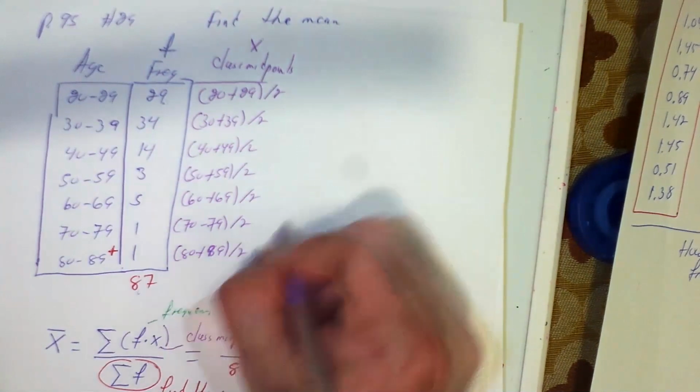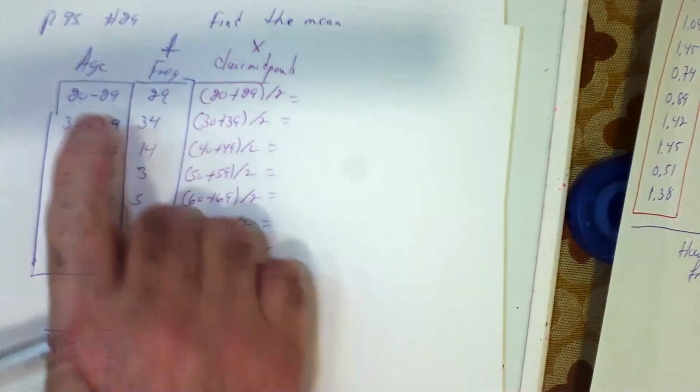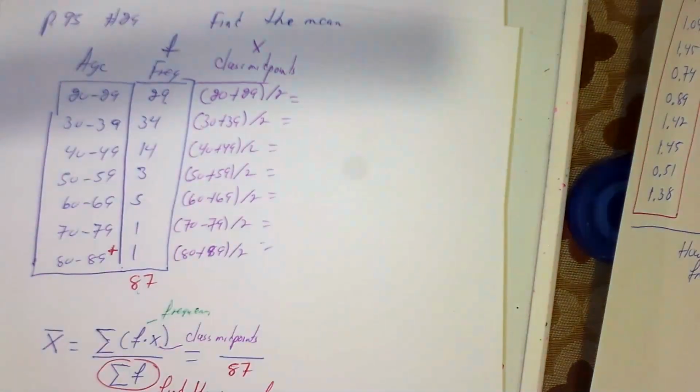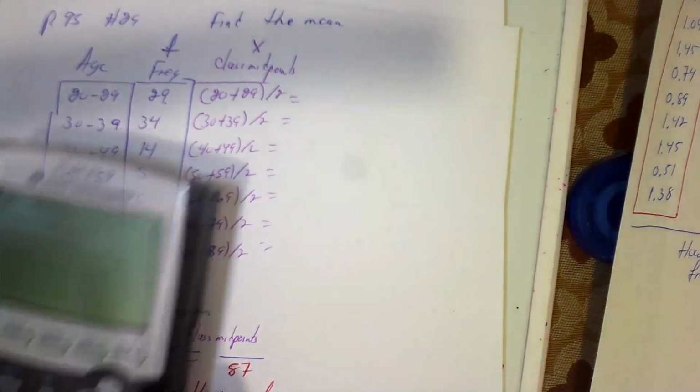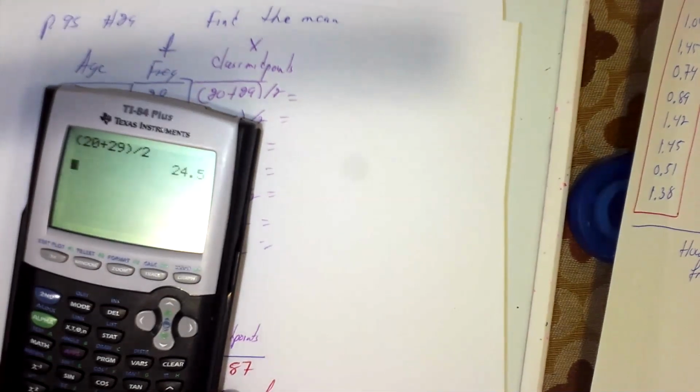All right, let's compute them. Add them, divide by 2. The first one is 24.5.